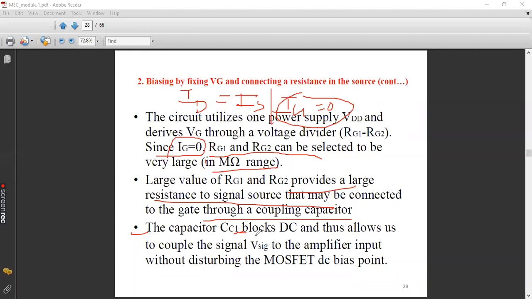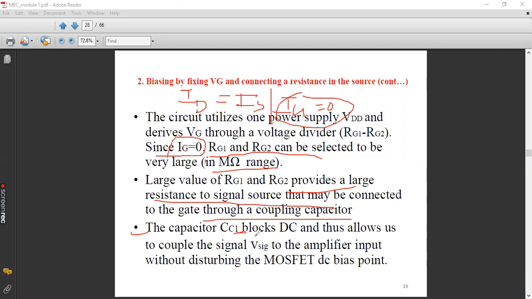And also the combination of RG1 and RG2 is going to fix your VG, correct? VG has to be fixed. So to make VG constant, you have to carefully take RG1 and RG2. But that should be in mega ohmic range because you need to maintain 0 gate current. Ideally, the gate current should be 0 because you have to maintain ID equal to IS.